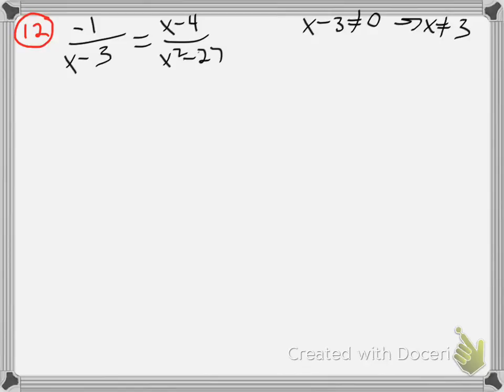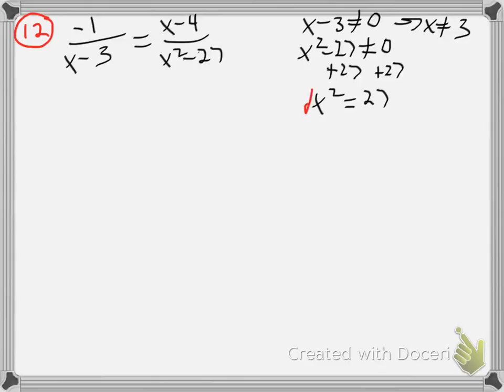Some people stop there, but you also can check x squared minus 27 does not equal 0. Add 27 to both sides. You get x squared equals 27.